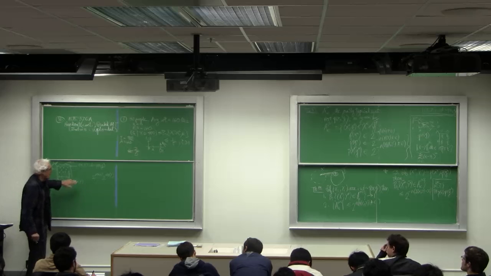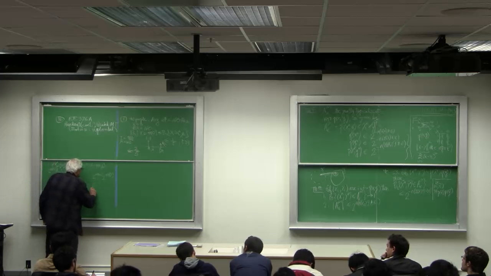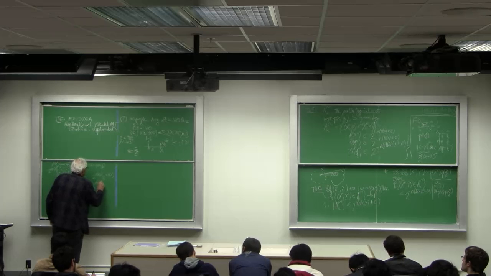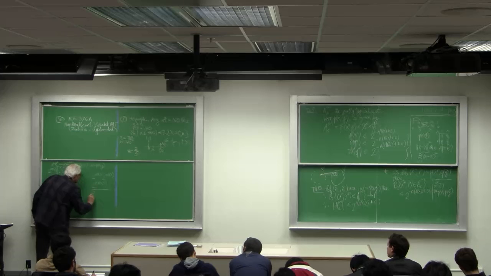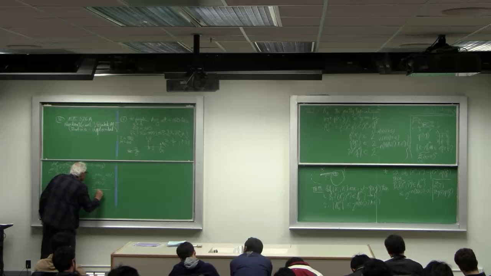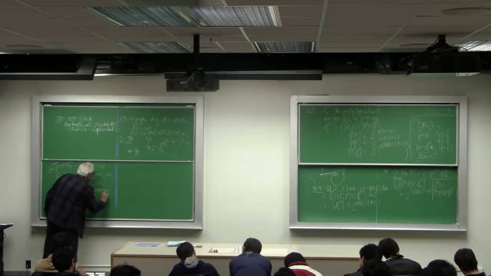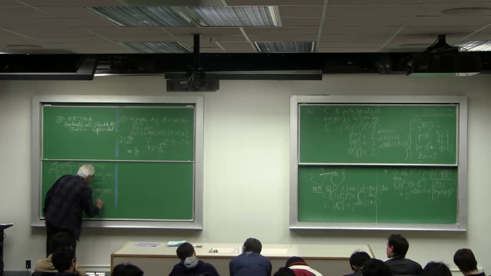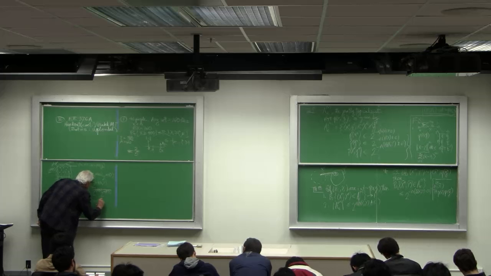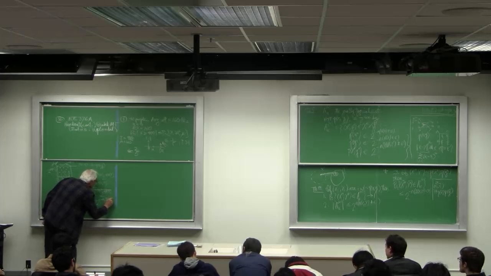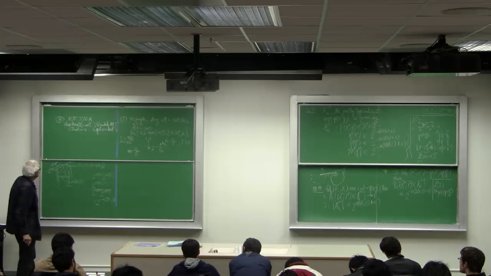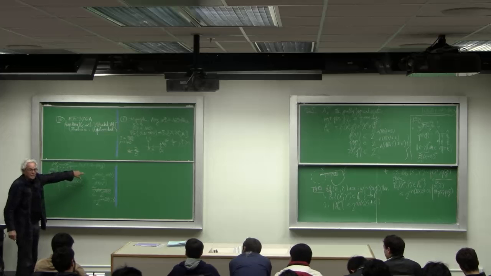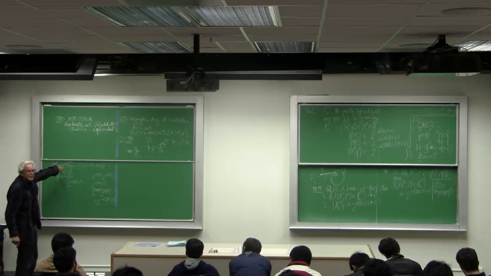What proportion are jointly typical? Well, that's 2 to the n h of xy, the number that are, divided by the number of entries. And that's equal to 2 to the minus n I of xy. So the proportion of jointly typicals is 2 to the minus ni.